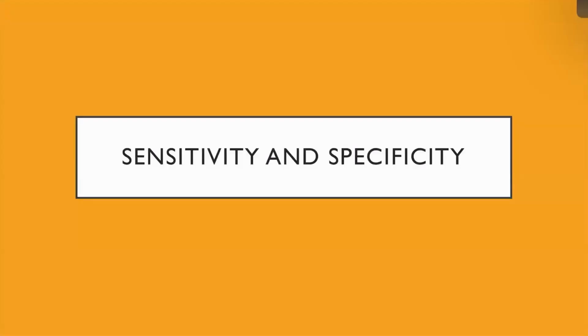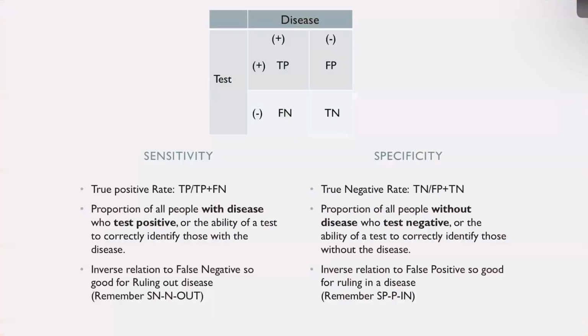All right. Now we talk about sensitivity and specificity. Whenever you're doing some test, there is always some sensitivity and specificity attached to it, which are important attributes of that test. To calculate sensitivity and specificity, again you need this 2x2 table.